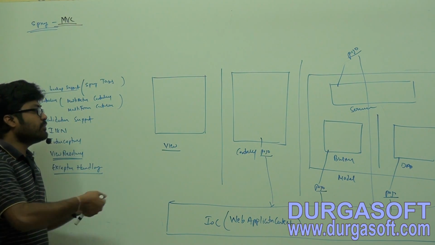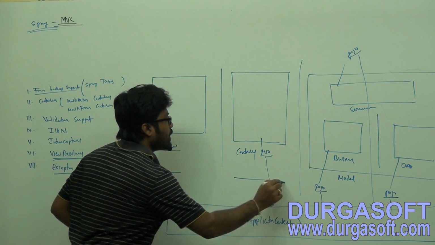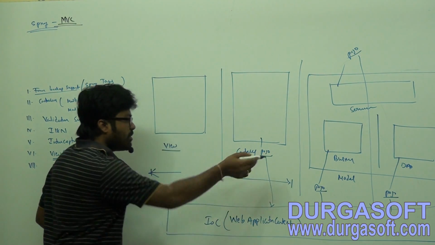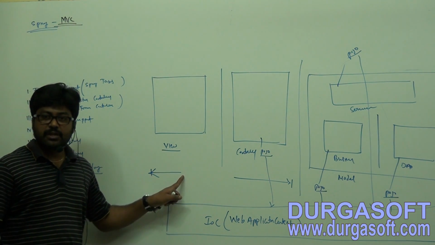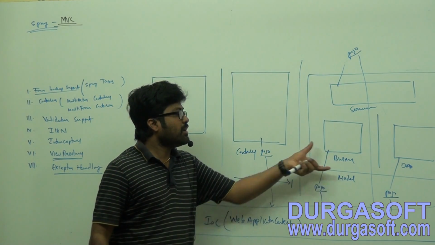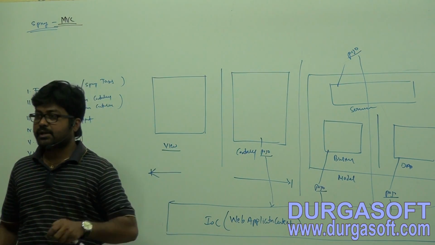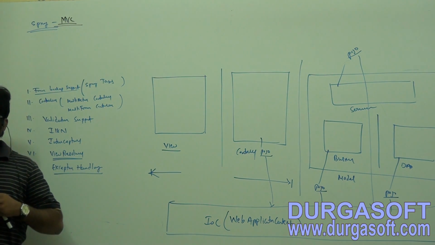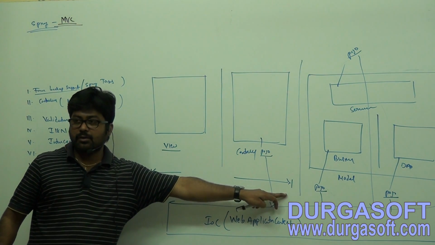By using this web application context container, you can execute your controllers and the remaining model layer classes also. But the MVC framework will provide us support from presentation part to controller part. The remaining beans you can write and execute. The remaining model layer classes we can execute on that MVC IOC container. Getting? By using MVC, you can provide support from presentation to controller only.